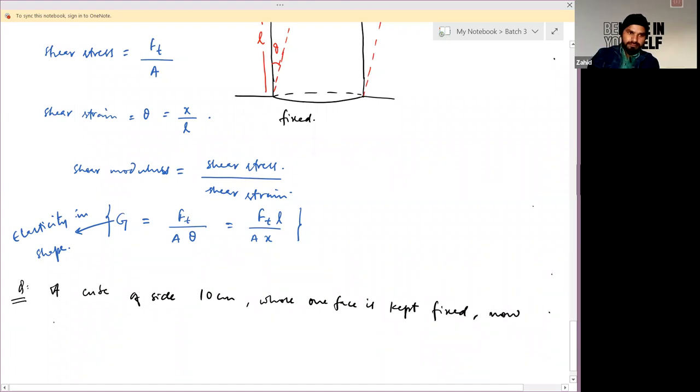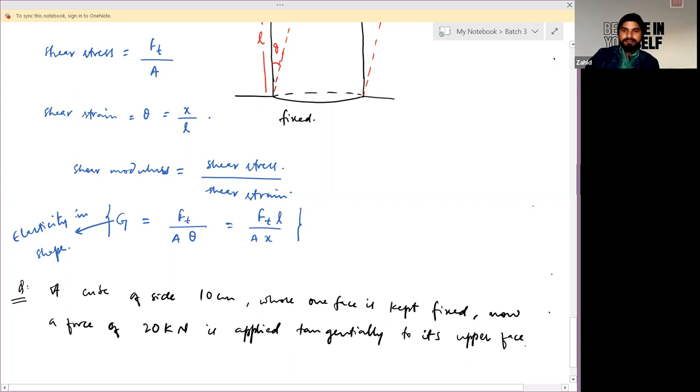Now, a force of 20 kilonewton is applied tangentially to its upper face. Find the shear stress.